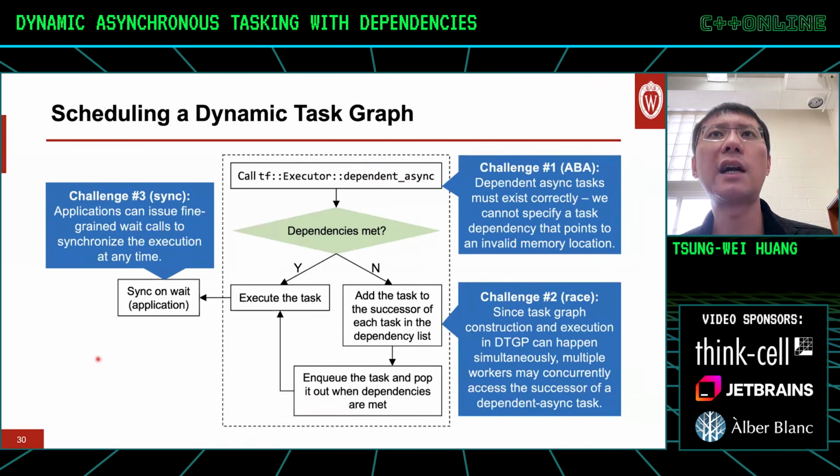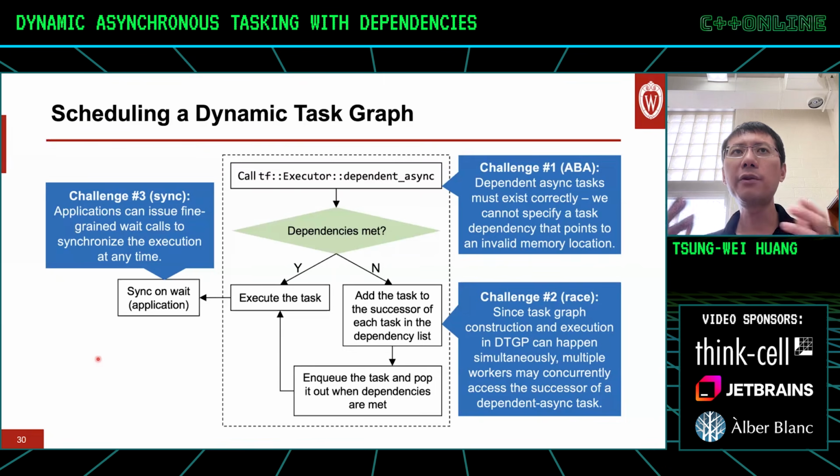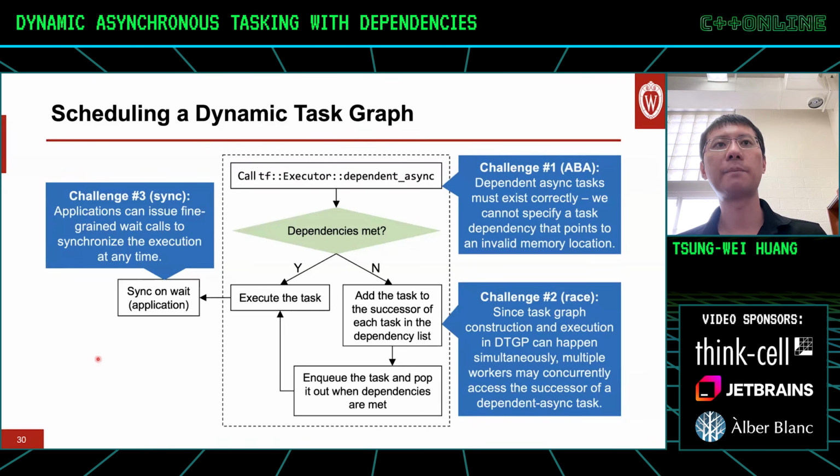Instead, I'm going to focus on how we schedule a dynamic task graph atop this work stealing facility in Taskflow. There are three scheduling challenges that we overcome. Number one is ABA, number two is data race, number three is synchronization. ABA means dependent async tasks must exist correctly. We cannot specify a dependency that points to an invalid memory location.